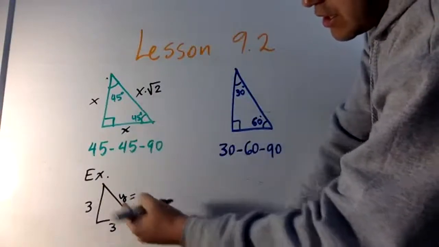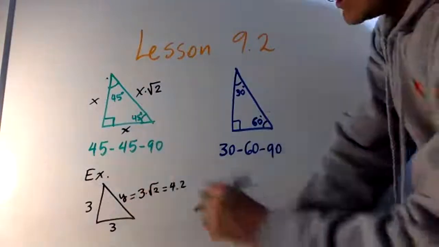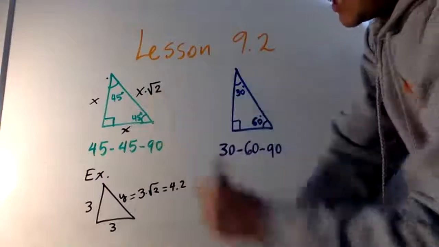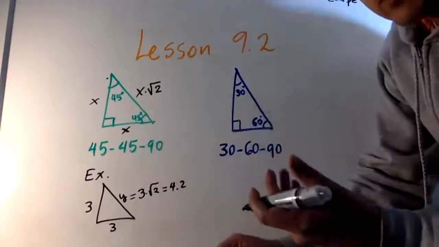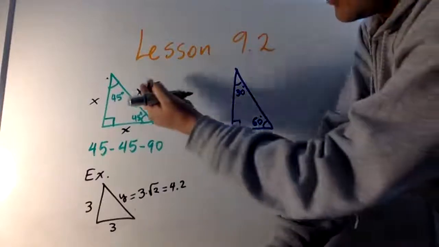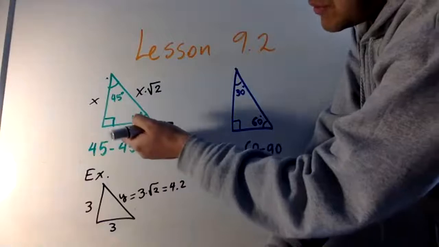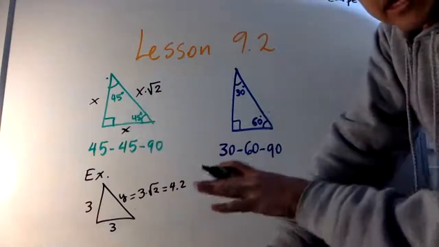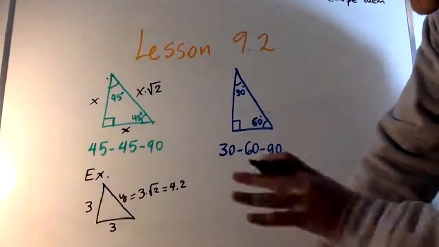So the length of the hypotenuse here is going to be 3 times the square root of 2. You can do it conversely. If you happen to know what the hypotenuse is, you just have to divide by the square root of 2 to know this value. I think one of the examples is going to cover that situation.